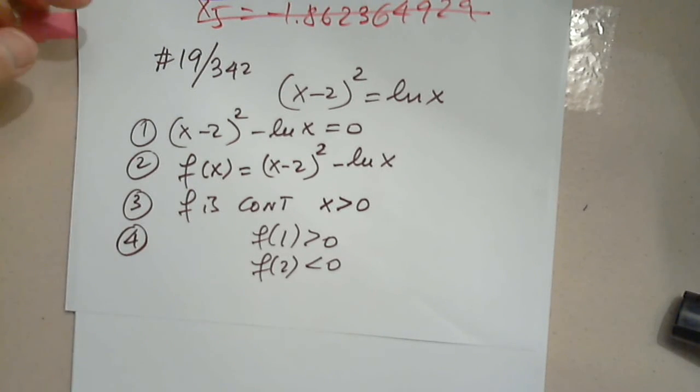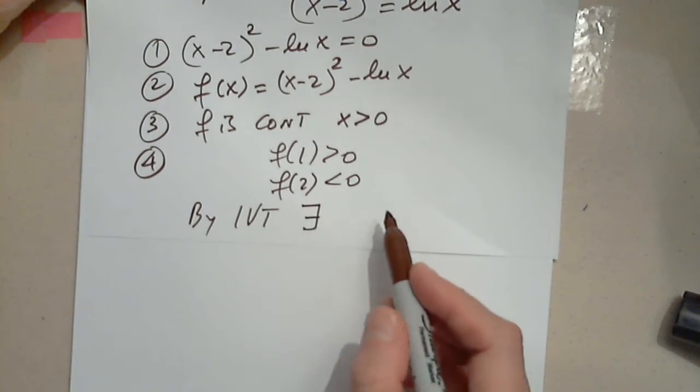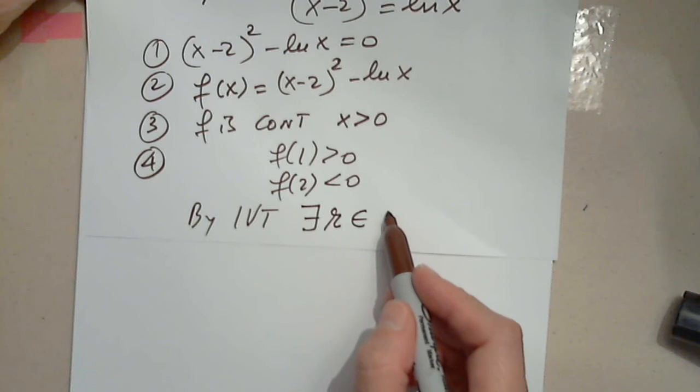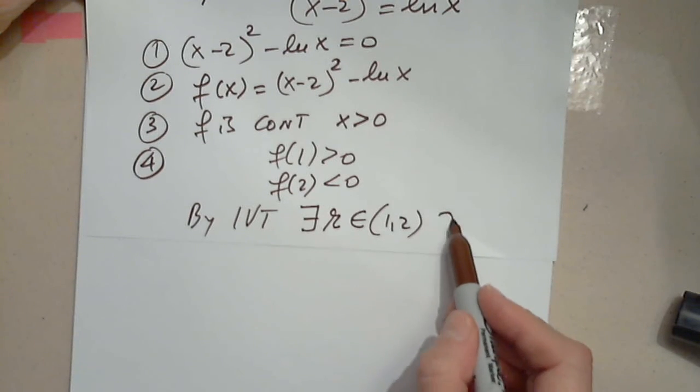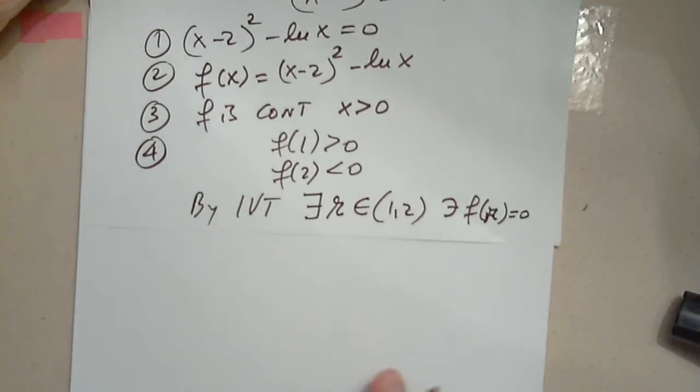So therefore, by IVT, there exists an r in the open interval (1, 2) such that f(r) is 0.